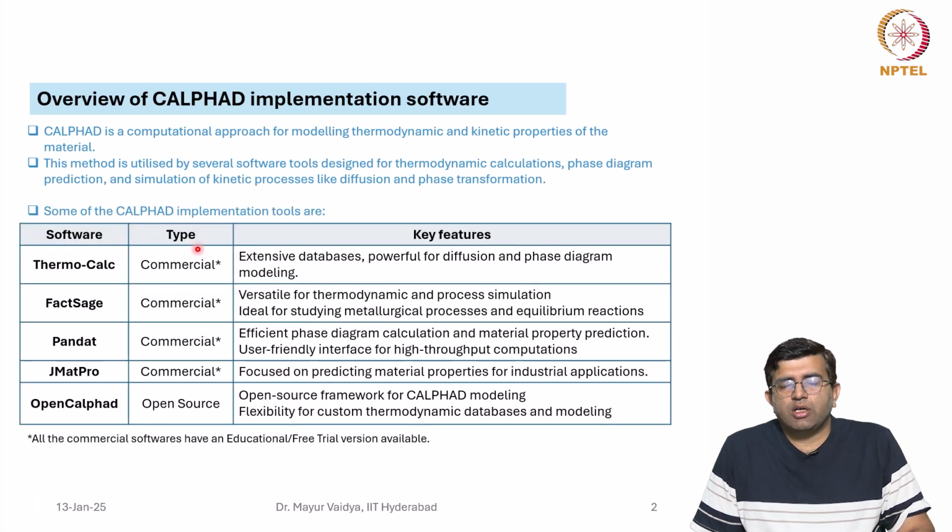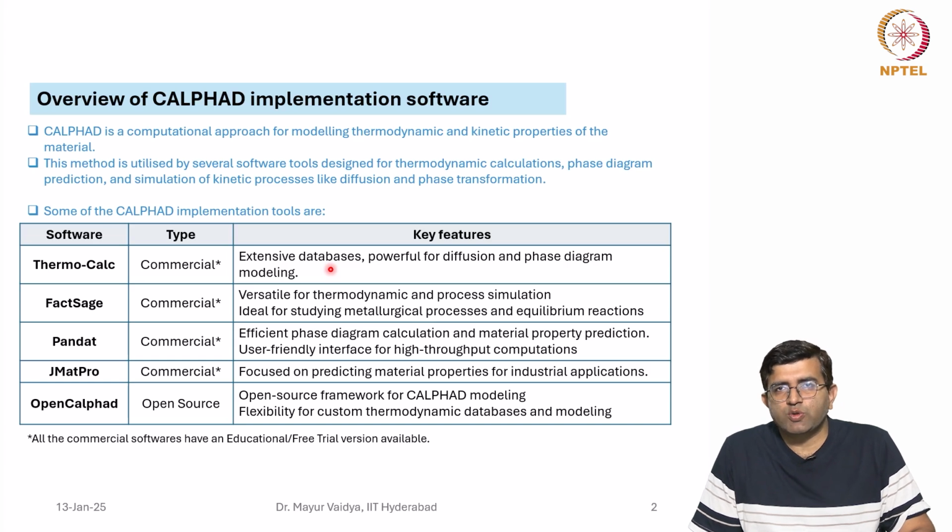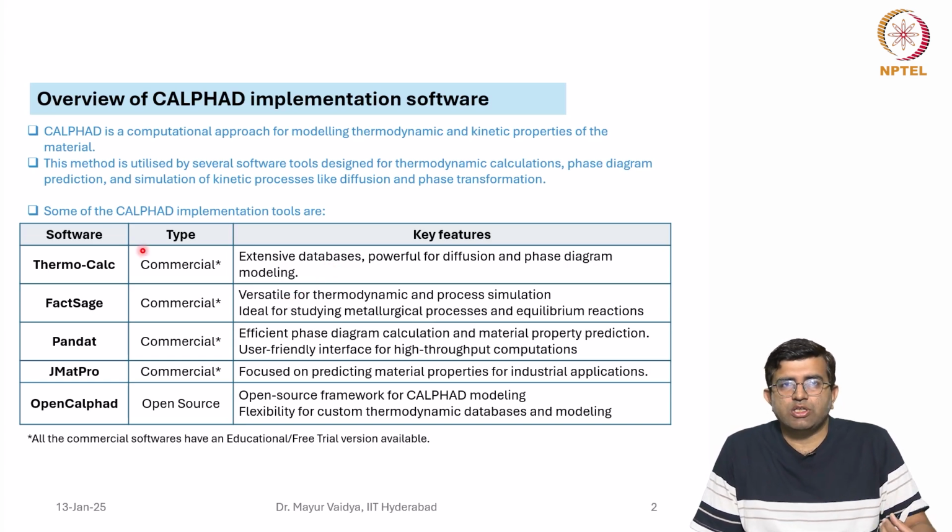Some of the CALPHAD implementation tools are Thermo-Calc, FactSage, Pandat, JMatPro, and OpenCALPHAD. These are some very key features of these. This list is not exhaustive. It is just to give you some idea about the key features and the names of some of the softwares.